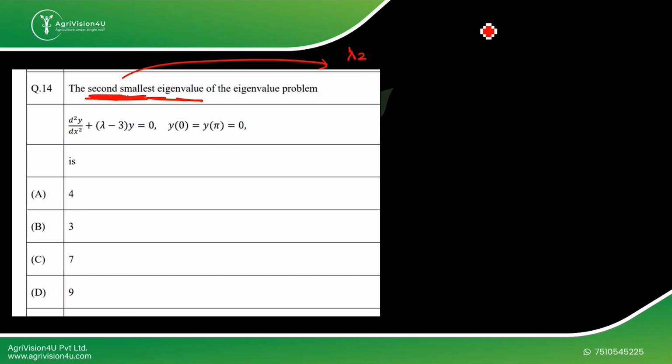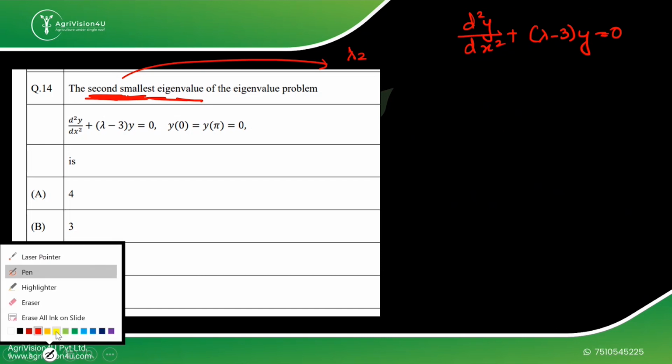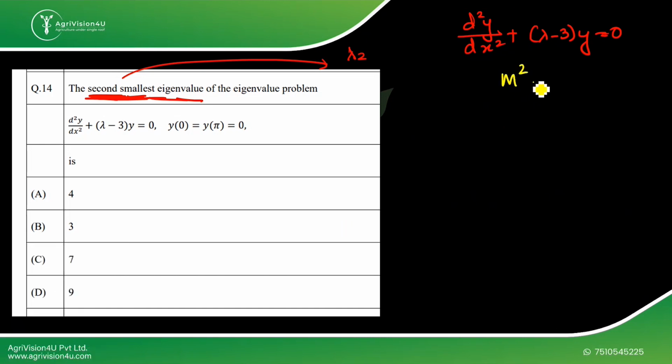This you should know. d square y by dx square plus (lambda minus 3) y is equal to 0. You can write this as m square plus lambda minus 3 equals 0.